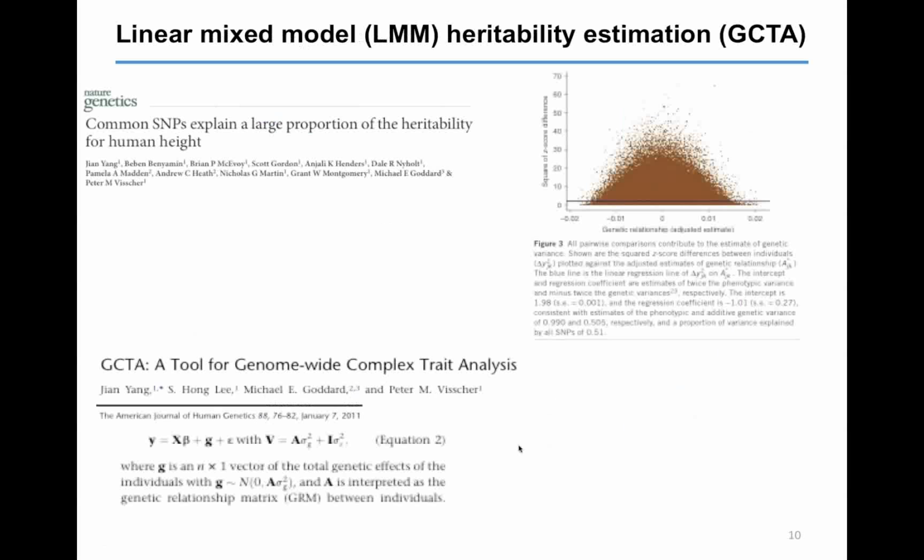Really the analyses that gave us a hint that there was genetic signal in the data, and that really sort of inspired the challenge, were these linear mixed model SNP heritability estimation analyses. And we used this software GCTA that was developed by Michael Goddard and Peter Visscher and colleagues, essentially asking if there's a correlation between relatedness between the samples and phenotypic similarity, where all the samples are unrelated in this kind of GWAS data.